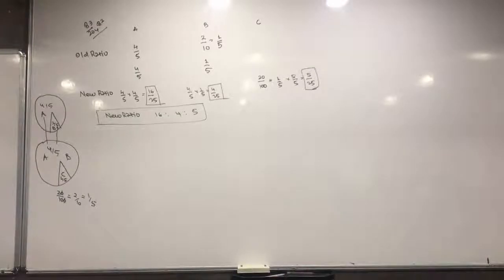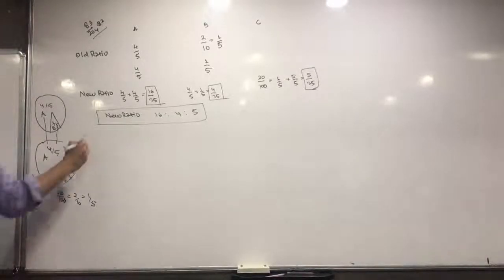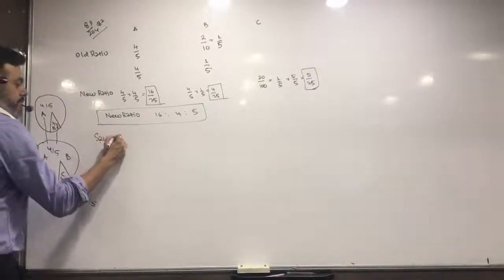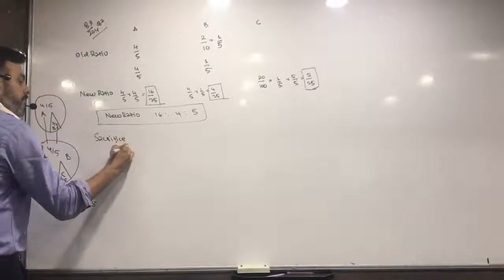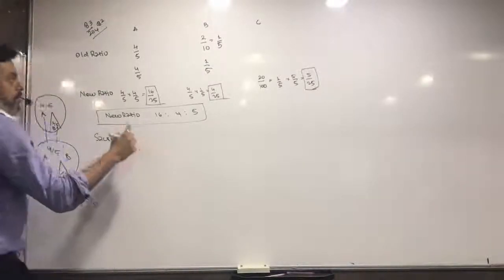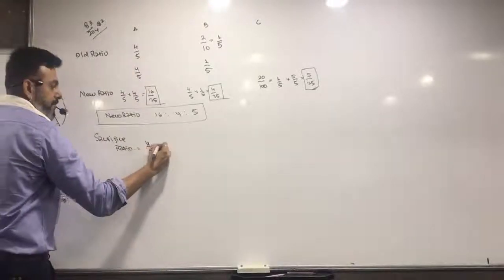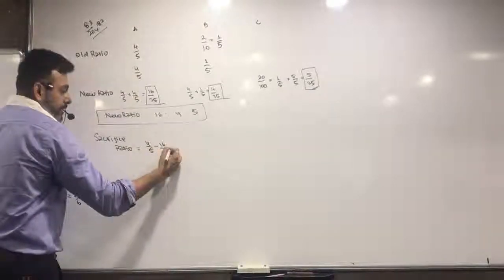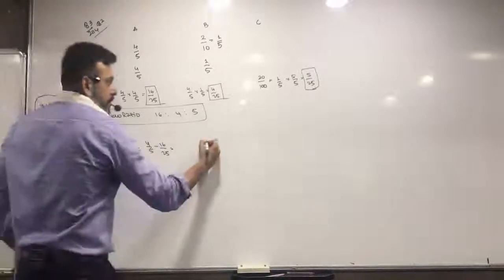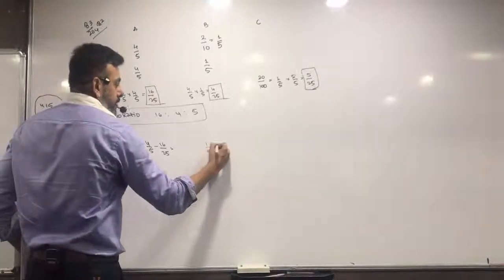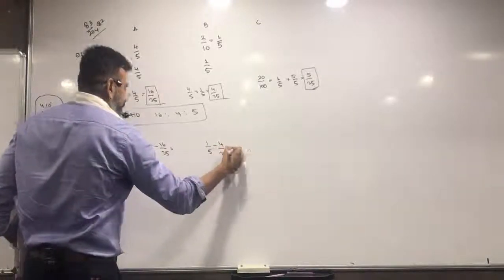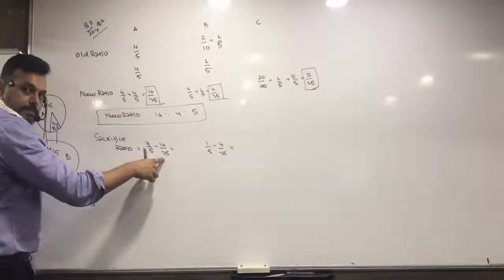Can we find the sacrifice? Okay. Sacrifice ratio is equal to old minus new: 4 by 5 minus 16 by 25, 1 by 5 minus 4 by 25. 25 is the LCM.